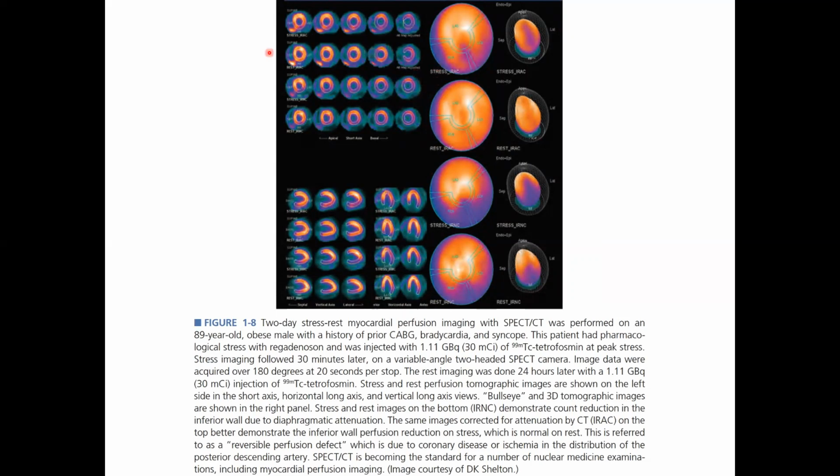And so you can see in this heart, as we're going from the base down towards the apex, you can see there's a chunk here that gets blue, and then there's a chunk that's just missing, right? And so that would indicate that the contrast agent you injected did not get to that tissue.